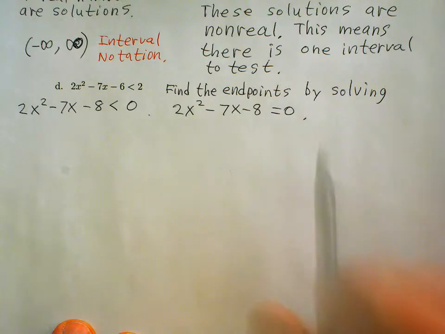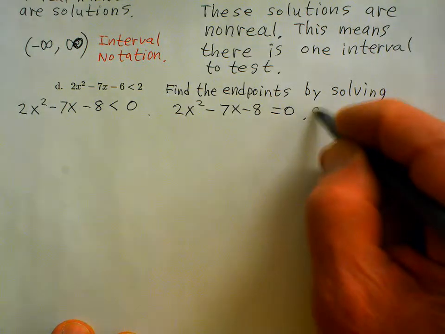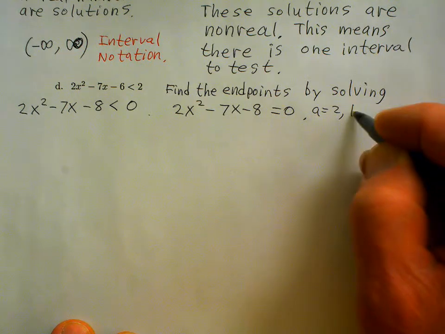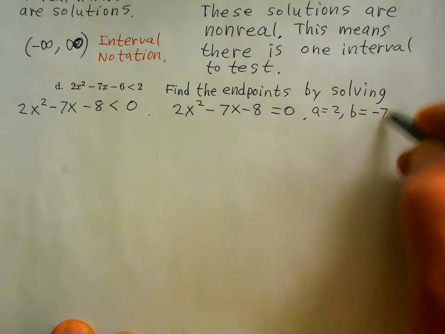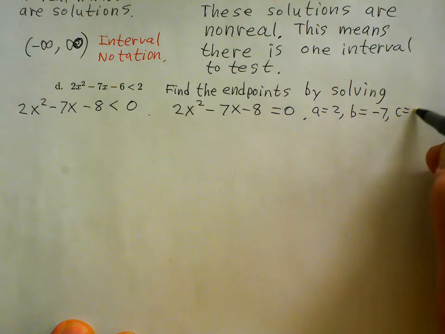So let's just use the quadratic formula, where a is 2, b is negative 7, and c is negative 8.